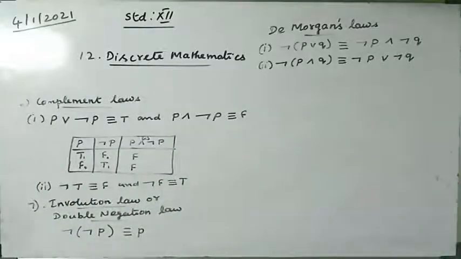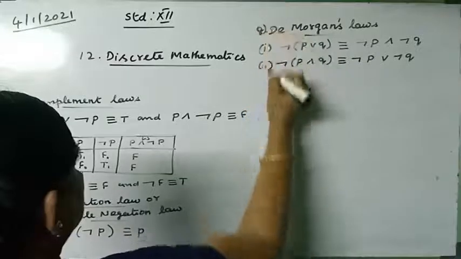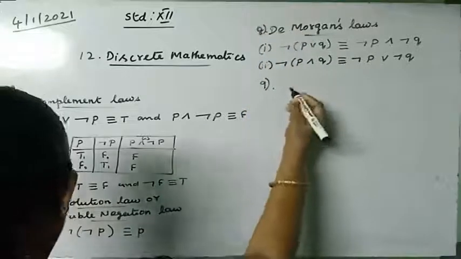So this is De Morgan's law. And then the last one is, this is the 8th one. And the last one is absorption law.